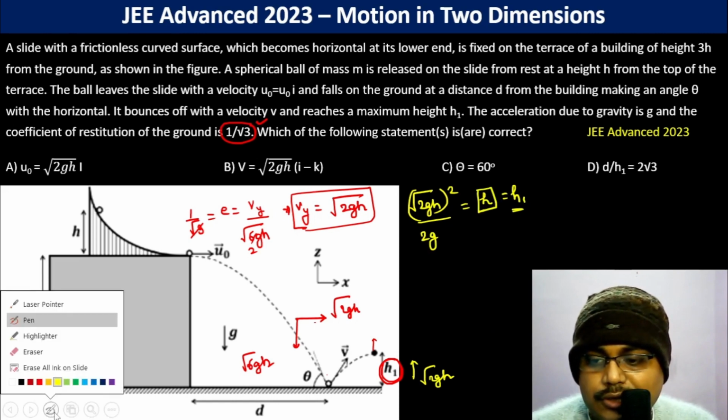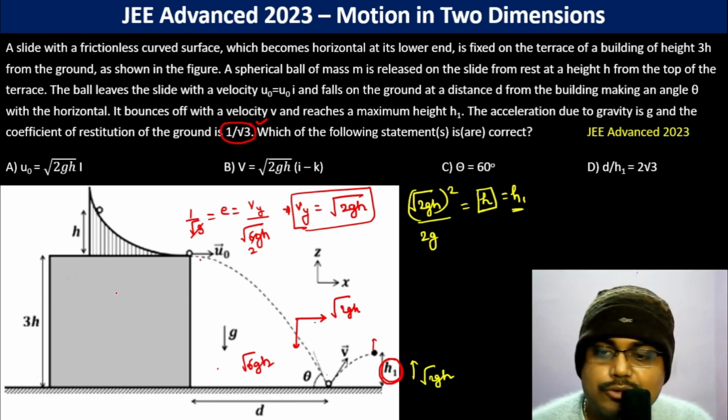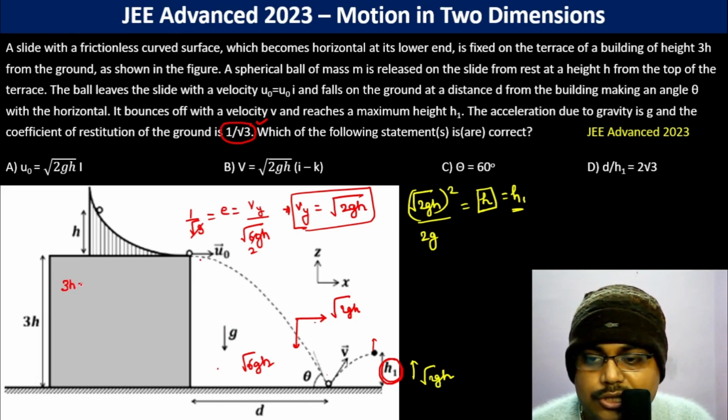Now d. How much time did it take to come from here to here? Time can be calculated by s equals ut plus half at square. So 3h is equal to, initial velocity being 0 here, half into g into t square. So t becomes root over 6h by g.